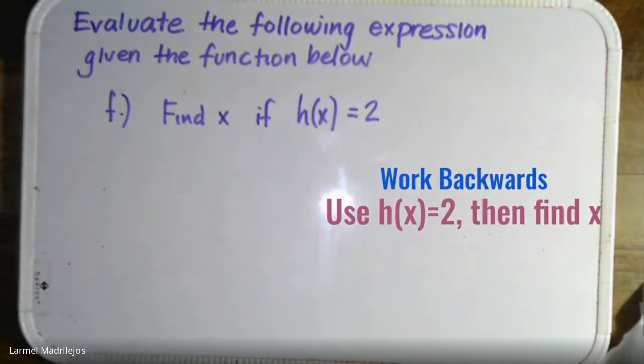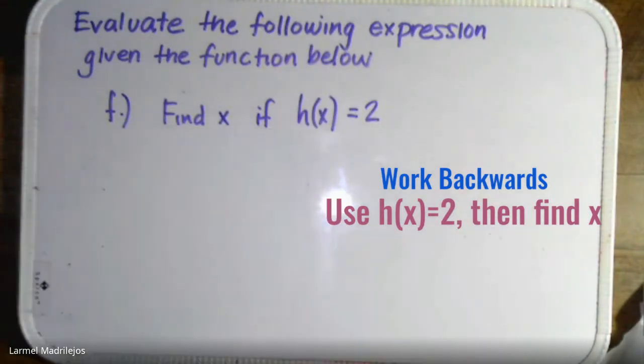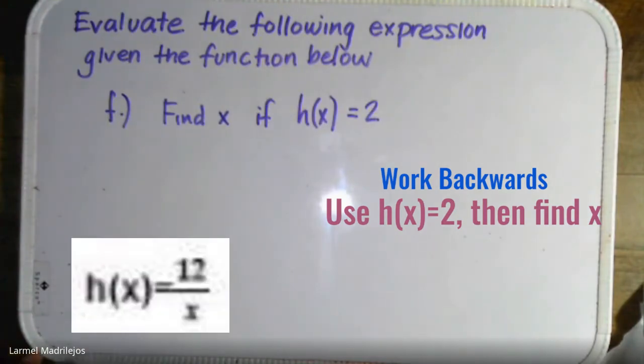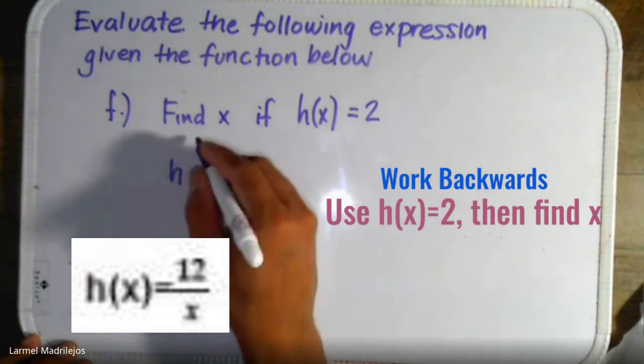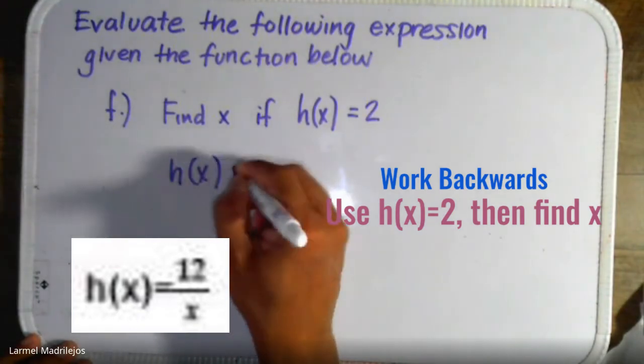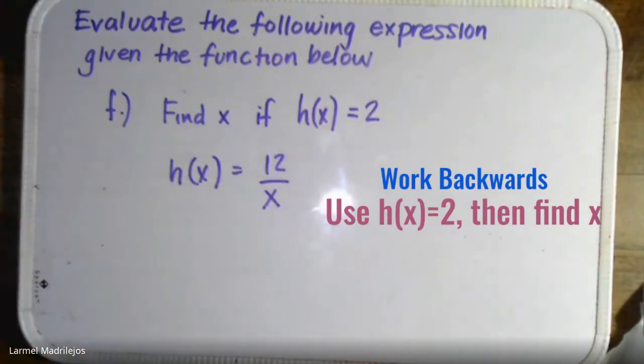We're going to work backwards. Same thing. The function is h, so we're going to match that on the given expression or equation or function. So what this matches with is h of x is equal to 12 over x.